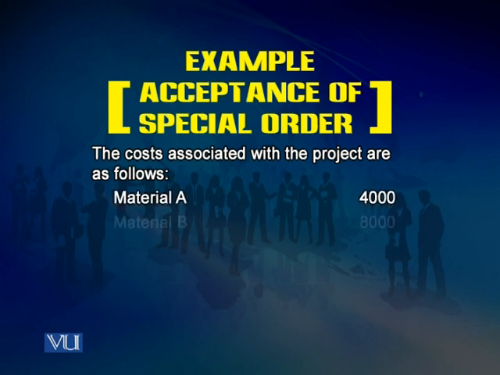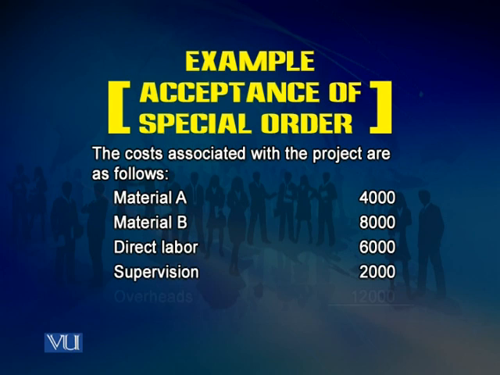Material A 4,000, material B 8,000, direct labor 6,000, supervision 2,000, and overheads 12,000, giving a total of 32,000. These costs have been arrived at and accumulated on the basis of normal costing.